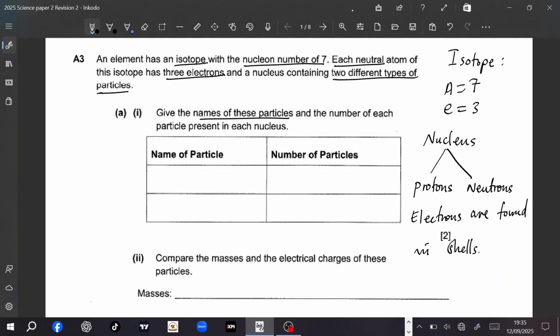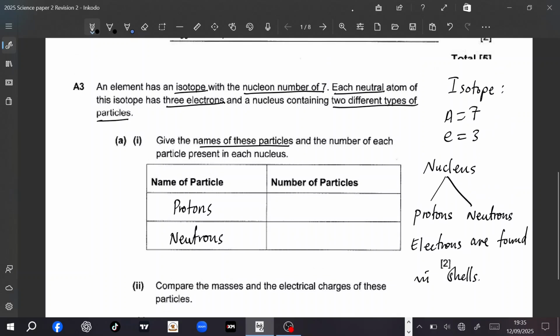In a nucleus, we have seen that there will be protons, and also there will be neutrons. Now they also want us to state the number of particles.